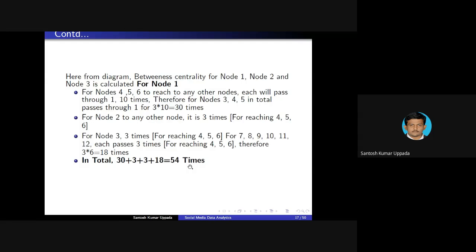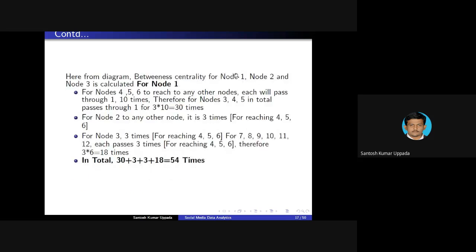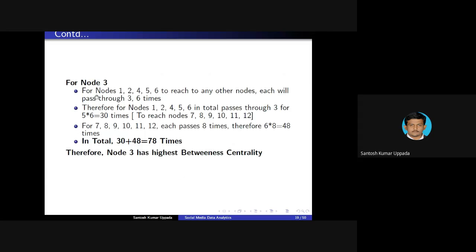We need to calculate how many times the other nodes are touched upon. For example, if I need to reach from 8 to 9, I need not visit 7 before reaching 9. Therefore, there will not be any betweenness centrality between these. In that way, we calculate for each and every node, and the node with the highest value has the highest betweenness centrality.